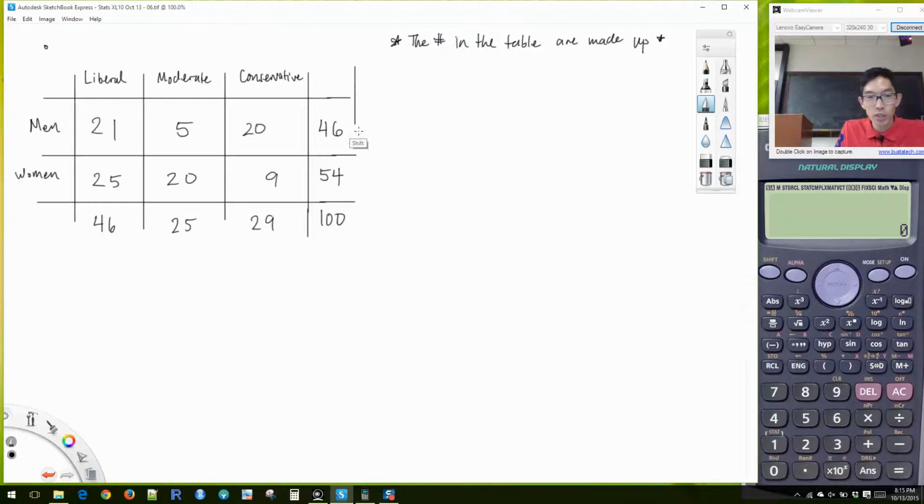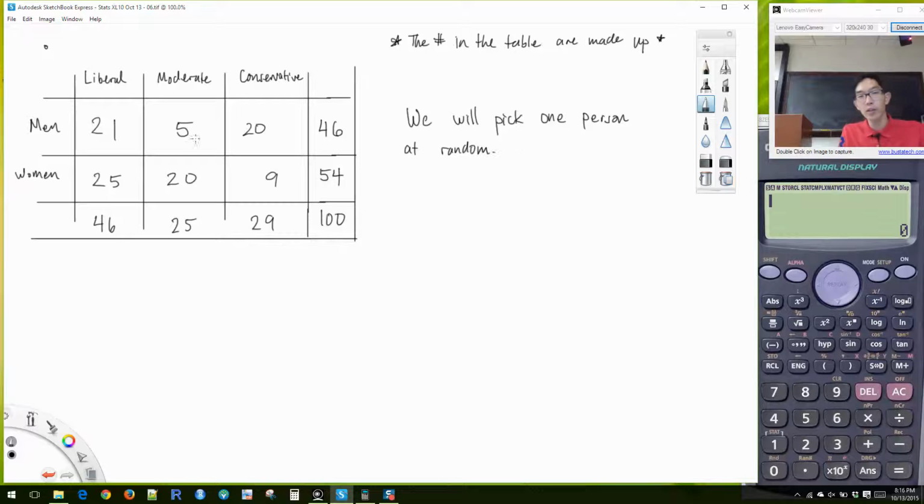We're going to pick one person at random. That means all 100 people in this table have an equal chance of being selected.